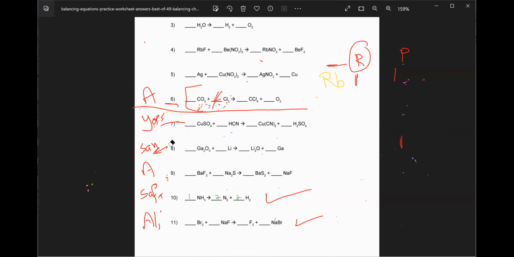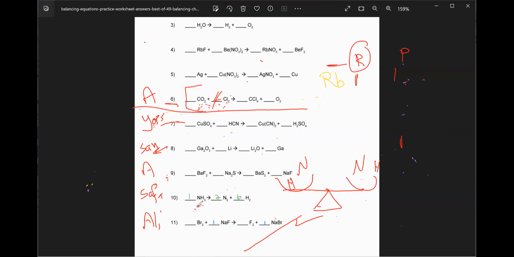Are they balanced? Here you have how much and how many? Safa, yes, how many atoms do you have here?